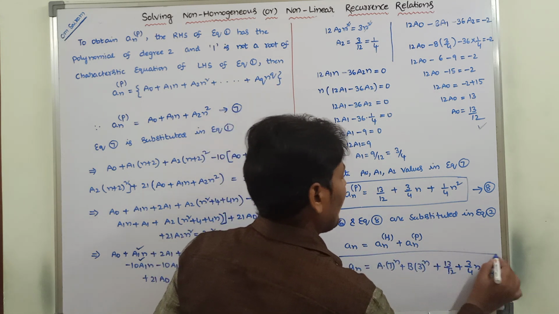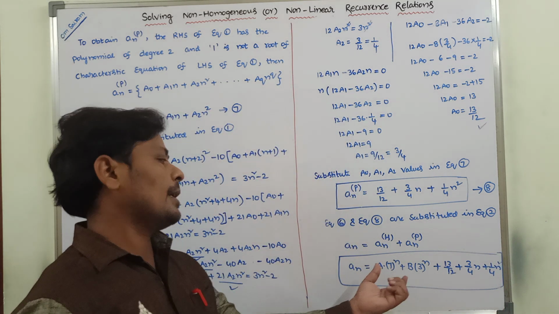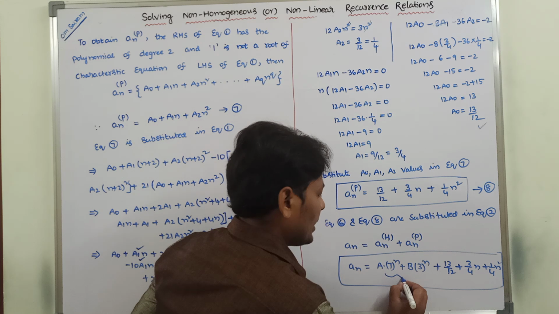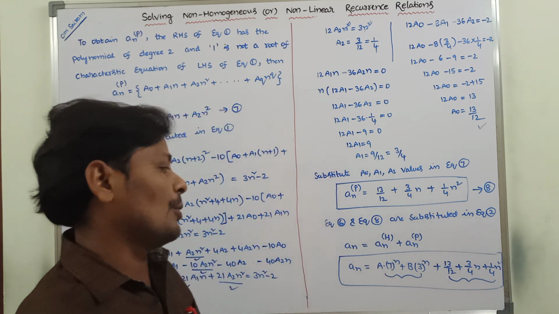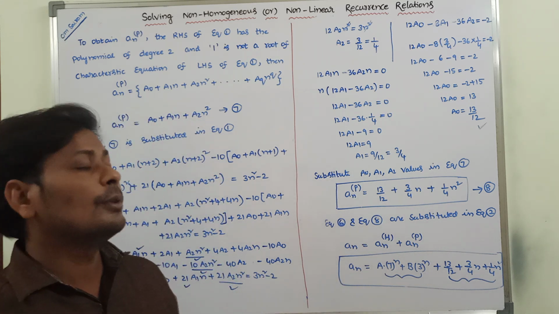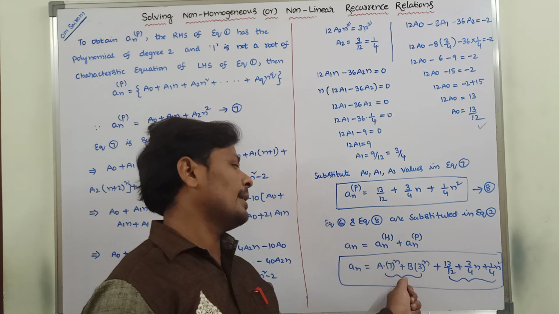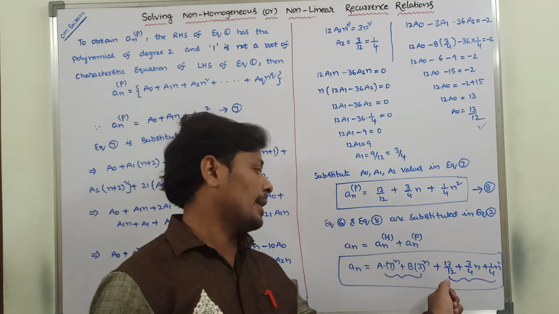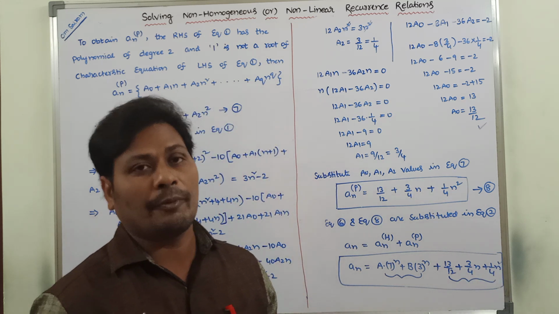Okay, so this is the final solution of the given problem. This is the homogeneous recurrence relation solution. This is the particular solution. When we combine them, we get the final value: a suffix n is equal to a into 7 power n plus b into 3 power n plus 13 by 12 plus 3 by 4 n plus 1 by 4 n square.